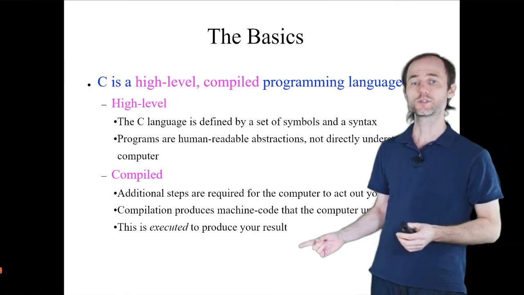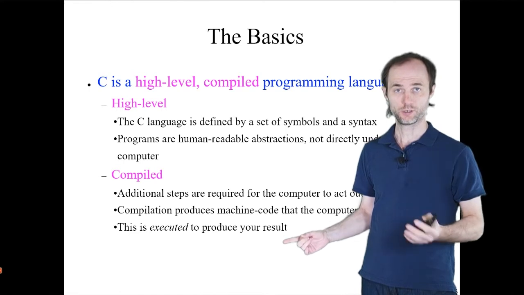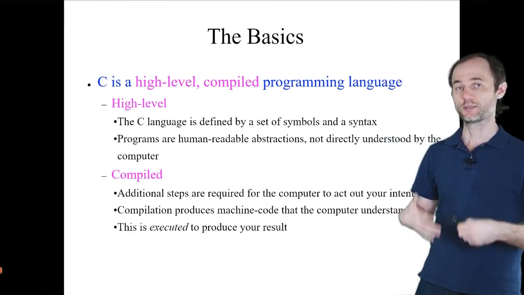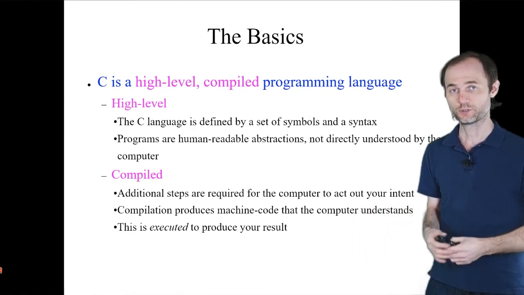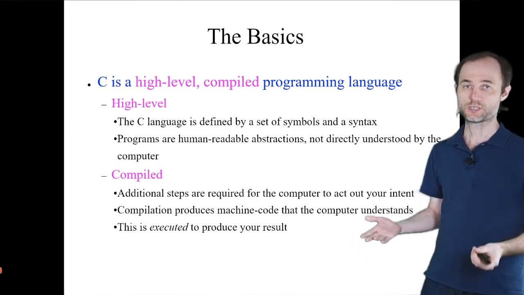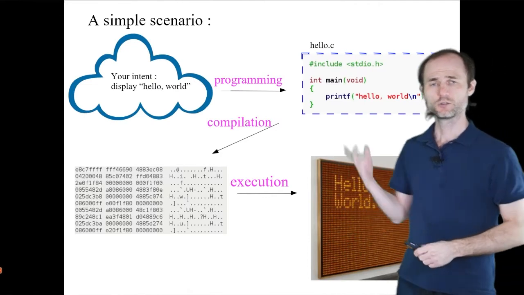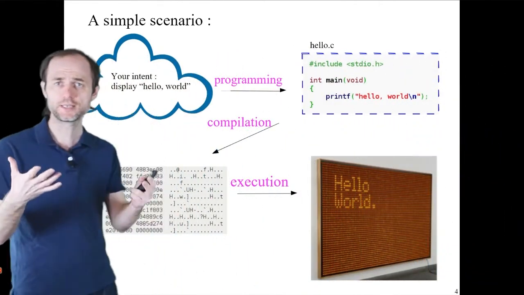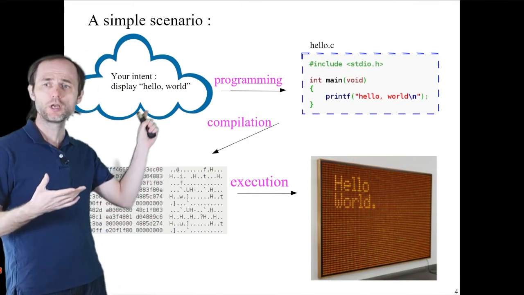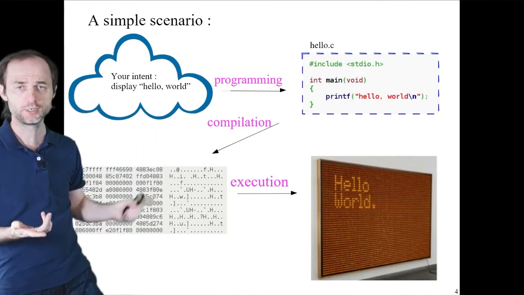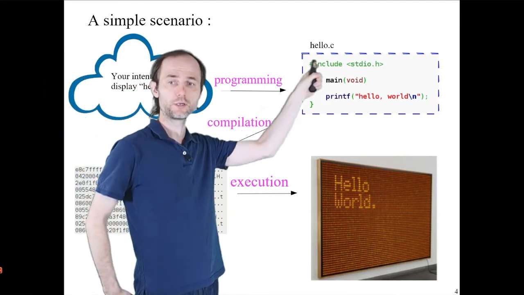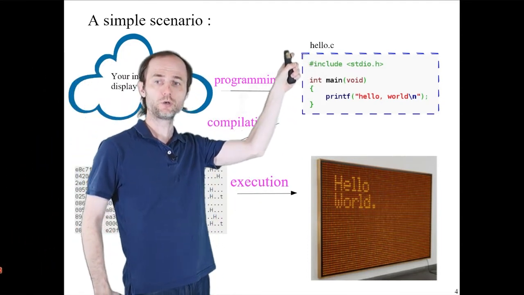And then once that code is created, it is executed so that it actually does something that you want the computer to do and spits out the result. So let's take a look at an example of how that might work. Let's say that your intent is to print out hello world onto the screen. So you are first going to open an editor and create a file that we will call hello.c.